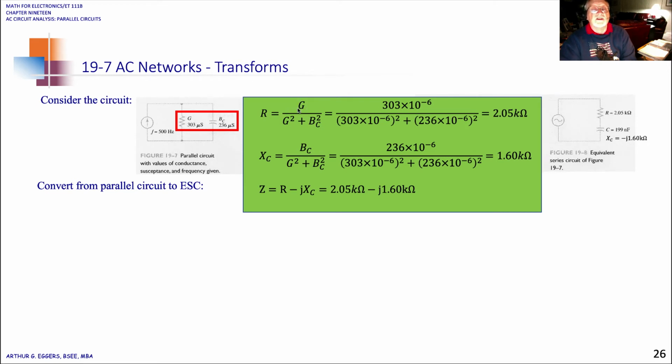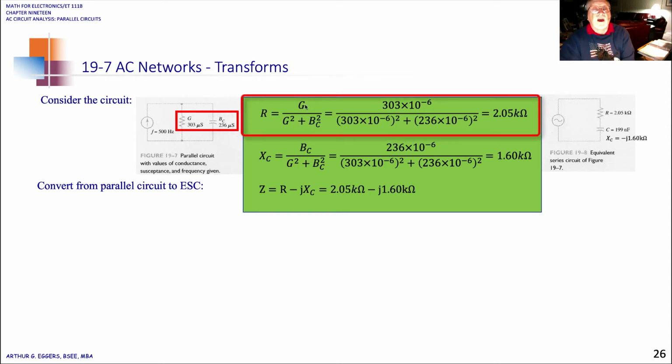Okay, these are relationships where we're using pretty much just ratios of the value given by the sum of the values given. So in this case, the value given was G, the value given was B sub C. We're going to square them in the denominator, add them, and multiply them into the numerator.